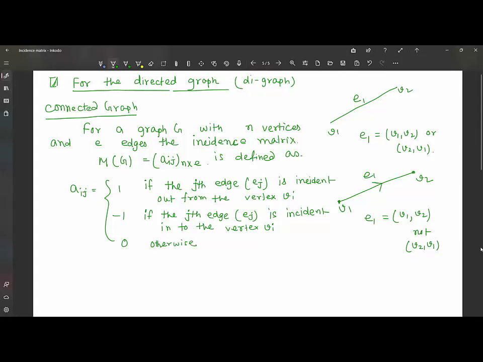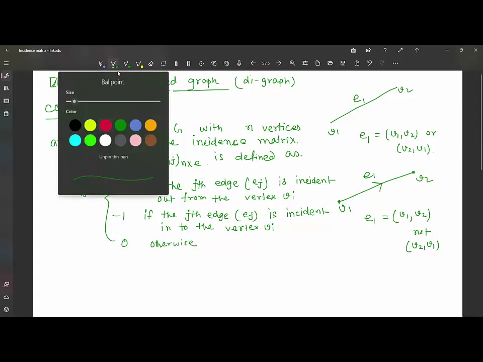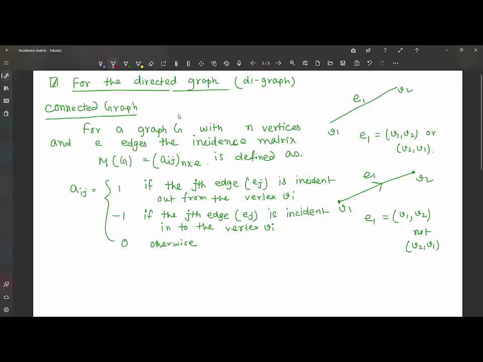So in the previous incidence matrix both got 1 and 1, but here the vertex with the outward direction will get 1 and the one with the inward direction will get -1. If E1 is incident out from the vertex V1, then it will get 1.